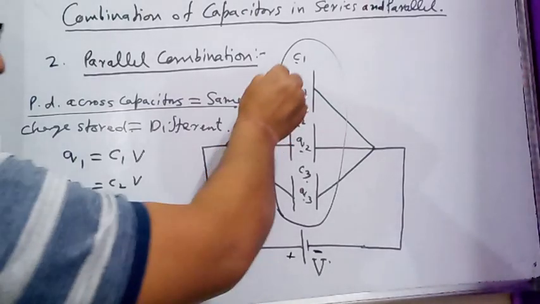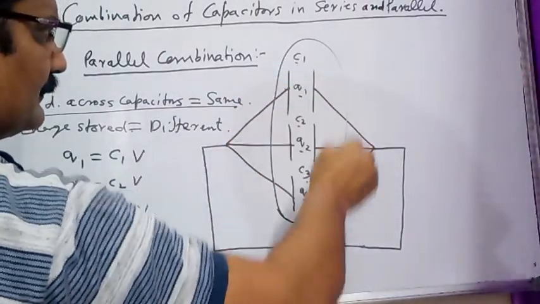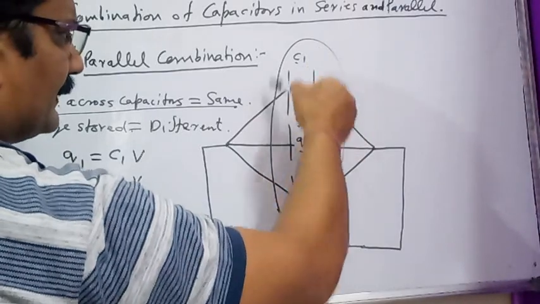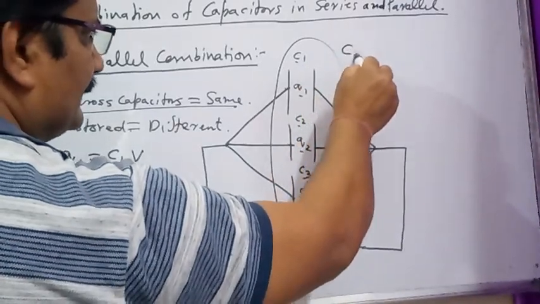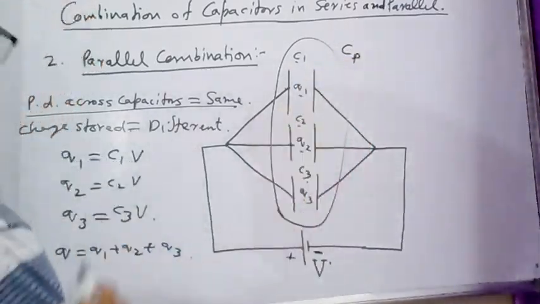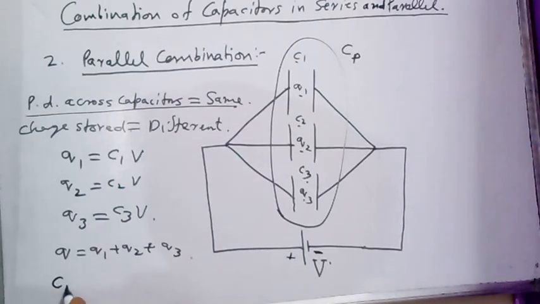If capacitance of the combination, or equivalent capacitance of the combination, is written as Cp, then we can write Cp into V is equal to Q1 plus Q2 plus Q3. So C1V plus C2V plus C3V.